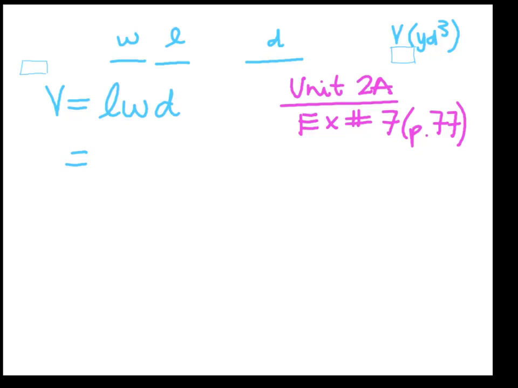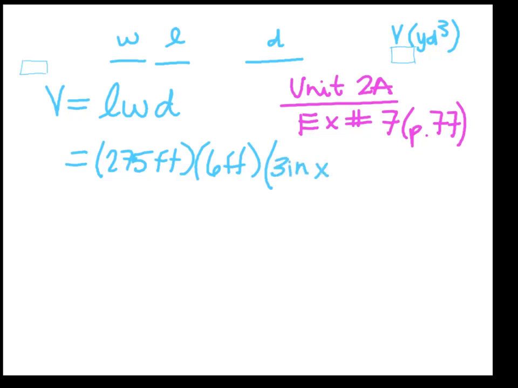All right, so the length here we have 275 feet. Width we have 6 feet. And the depth of 3 inches we'll want to multiply by a conversion factor of 1 foot over 12 inches.